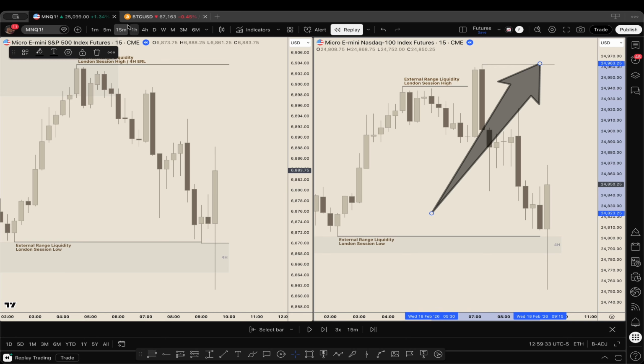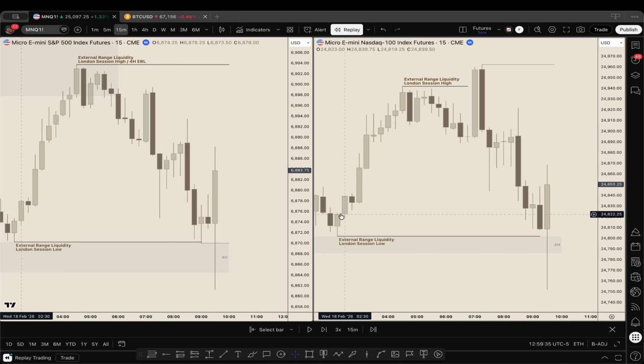Now that that's happened, where am I going to get the entry? First off, the way I get confirmation for an entry is after a liquidity pool has been grabbed, has been raided, I want to see a bearish or bullish engulfing form on the 5-minute time frame. Since I'm looking at the lows being grabbed, I want to look for a bullish engulfing pattern on the 5-minute, so I'm going to drop down to the 5-minute.